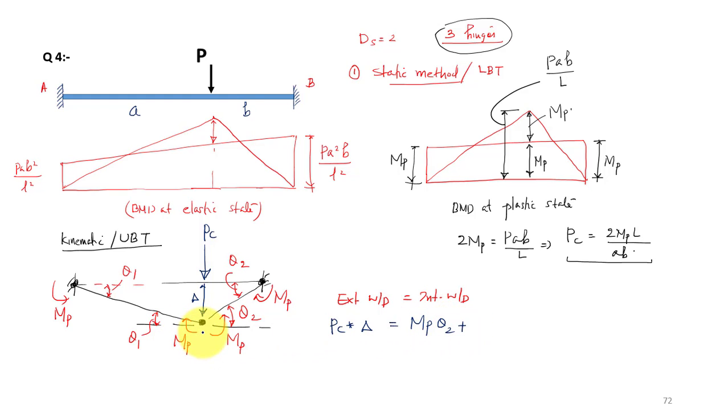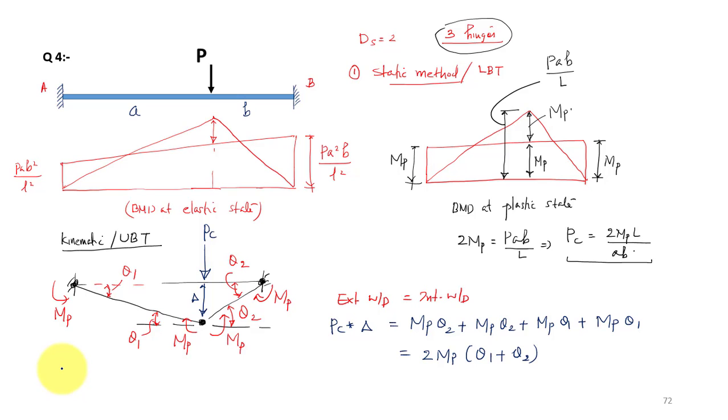and here MP into the total rotation, theta 1 plus theta 2, or you can write MP into this side, MP into theta 2 again, plus this side MP into theta 1 plus MP into this theta 1. So in total we can write 2 times MP into theta 1 plus theta 2.